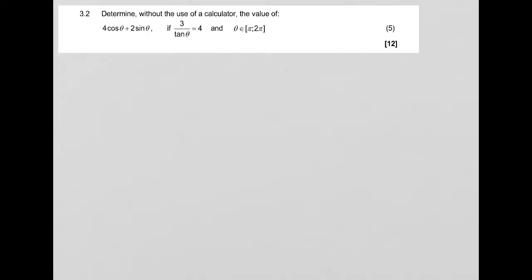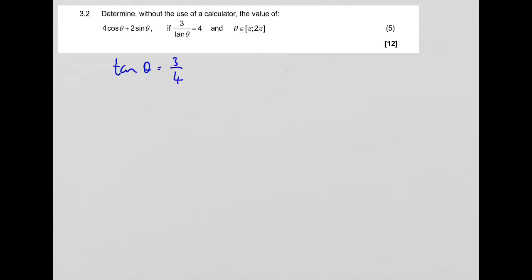Okay, question 3.2 is also a diagram type question. So if we look at 3 over tan theta equals 4, and we rearrange that to get tan theta the subject of the equation, we get the following. Okay, tan theta equals 3 over 4.